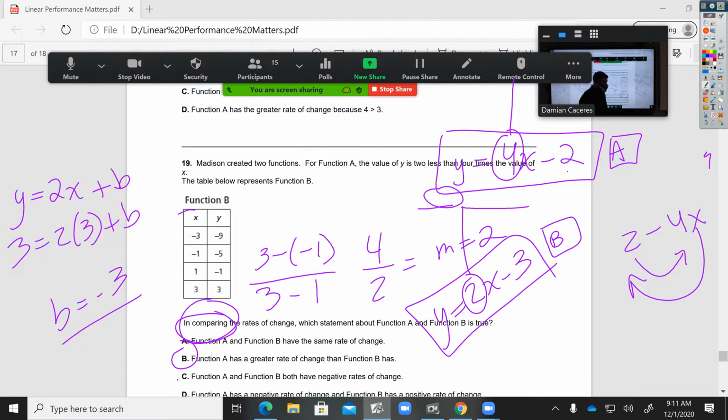Any questions so far? Alright, so what we're going to do now, I have a little activity to do, but before you do the activity, you need to copy down some notes. I'm going to project it, and I want you to write down everything you're looking at in the boxes.